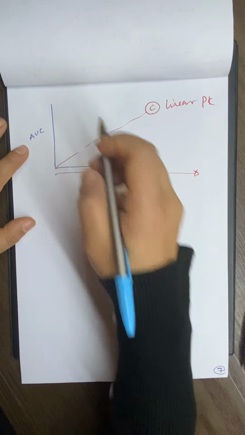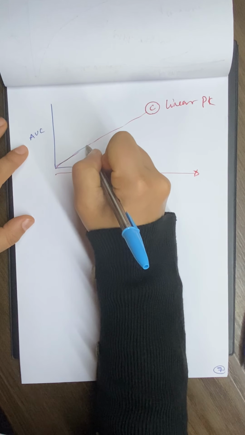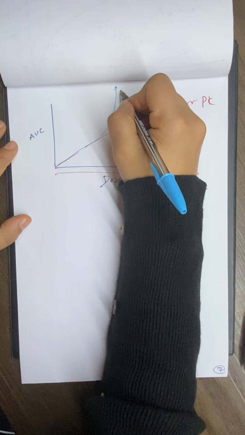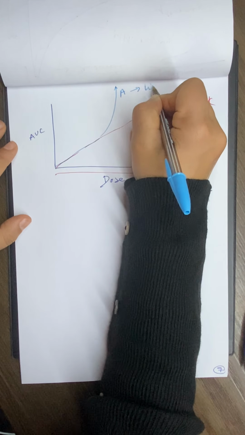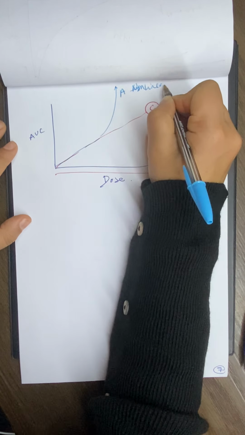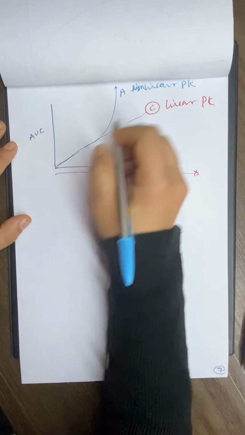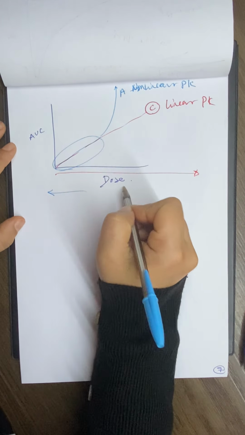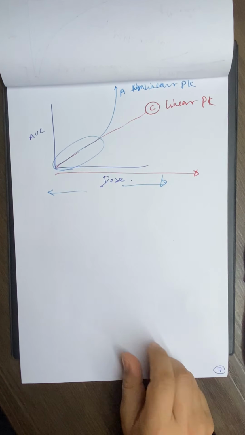But when you have nonlinear kinetic, you will have this profile. So this is for a drug with nonlinear kinetic. At low dose, the drug is behaving as first order. At higher doses, the drug is behaving as non-linear.